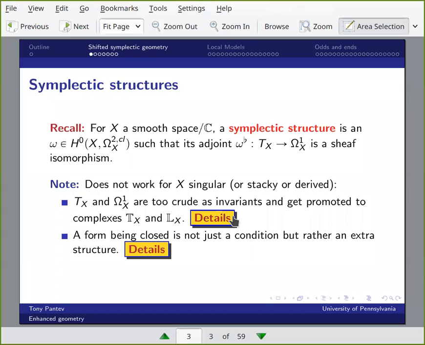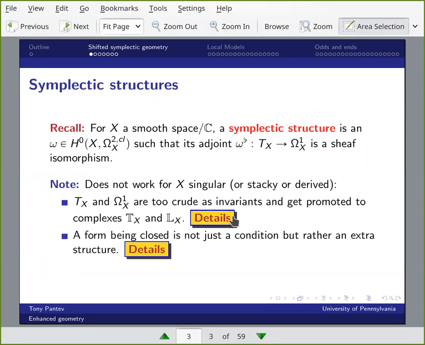But if it does exist, then there is a map from the dual of the cotangent complex to the tangent complex. But that map can be trivial or can be completely wild. I mean, it may not have any information in it. So you really need your tangent and cotangent complexes to be of reasonable size. Being locally of finite presentation is sufficient. They are perfect complexes, and then they're actually dual to each other.